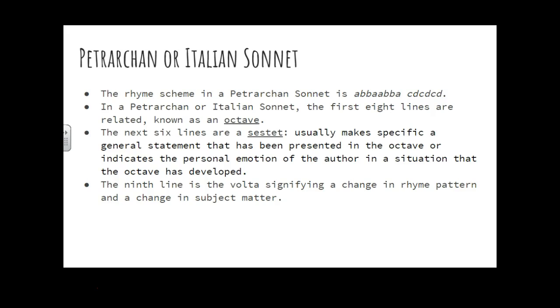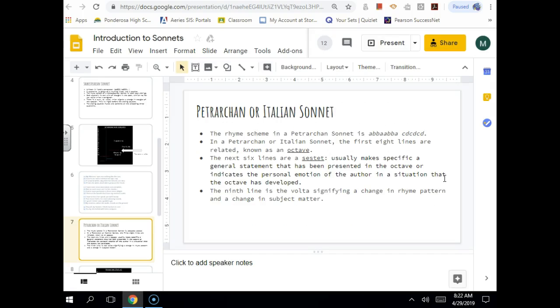So check this out. Remember how with the Shakespearean we had the quatrains and the couplet? In an Italian sonnet, we still have 14 lines, but it's an octave and then a sestet. What's 8 plus 6? 14! We still got it, okay? We're doing math and English today, guys.